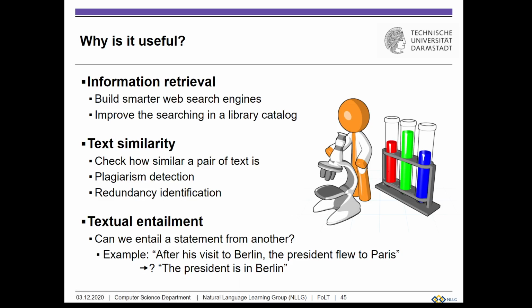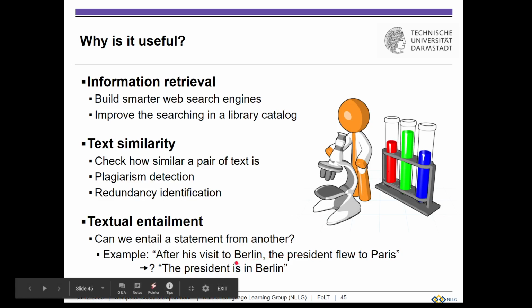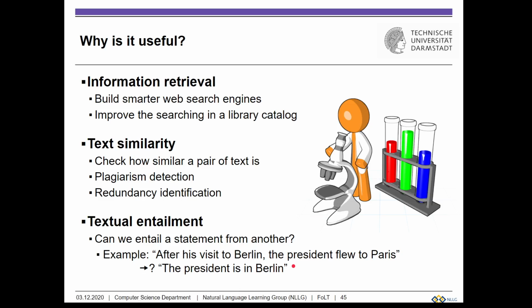But by computing the similarity between those two statements, like the statement and the question, we would maybe find out that the president is not in Berlin, because if we had another statement like the president is in Paris, then the semantic similarity measurement would indicate to us that this sentence is more similar to the sentence the president is in Paris than it is to the sentence the president is in Berlin.